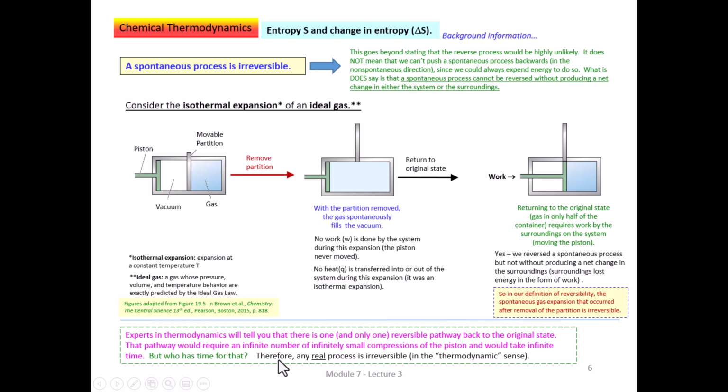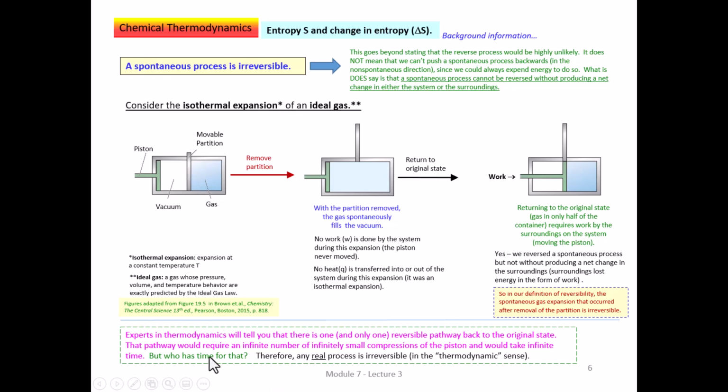Now, experts in thermodynamics will tell you that there is one and only one reversible pathway back to the original state. In other words, there is one pathway to go from here back to the original state of the gases in the two halves of the chamber.